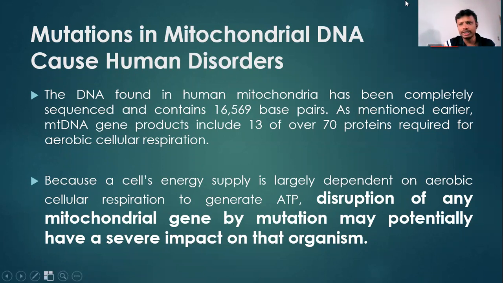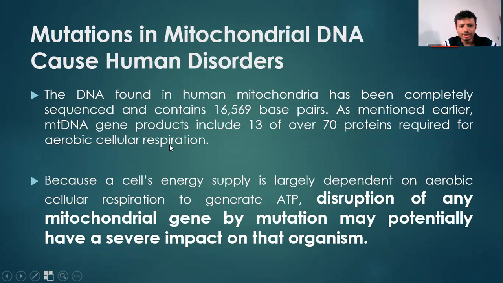As we know very clearly, mitochondria is a very important part of any organism, as it is the one which produces energy and supplies it to the entire body. For that purpose, there is a specific genome performing its role. These gene products include about 13 proteins which are required for aerobic cellular respiration.